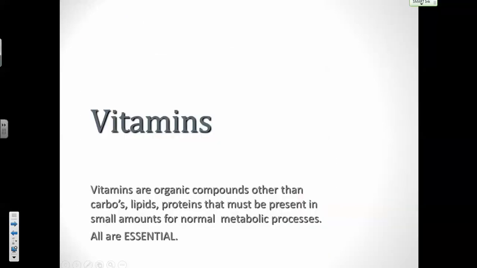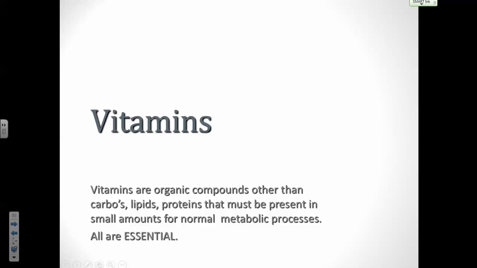All right. So, we've looked at carbohydrates, proteins, lipids, and now we're going to look at the micronutrients, the vitamins and the minerals. All right. The difference in a vitamin and a mineral is that a vitamin is an organic molecule. It's just not a carbohydrate, lipid, or protein.